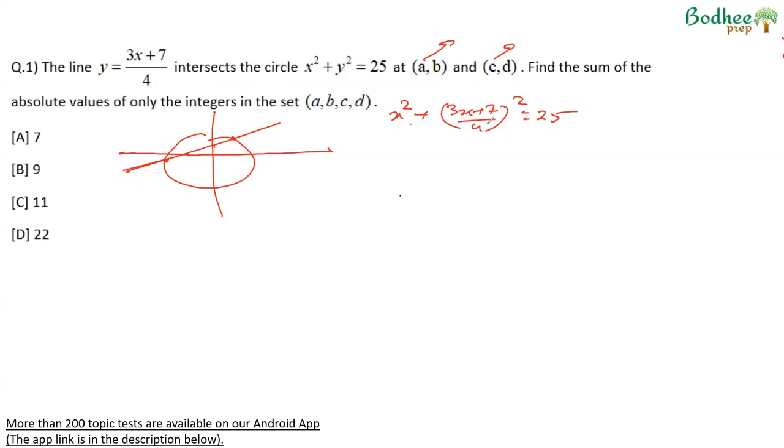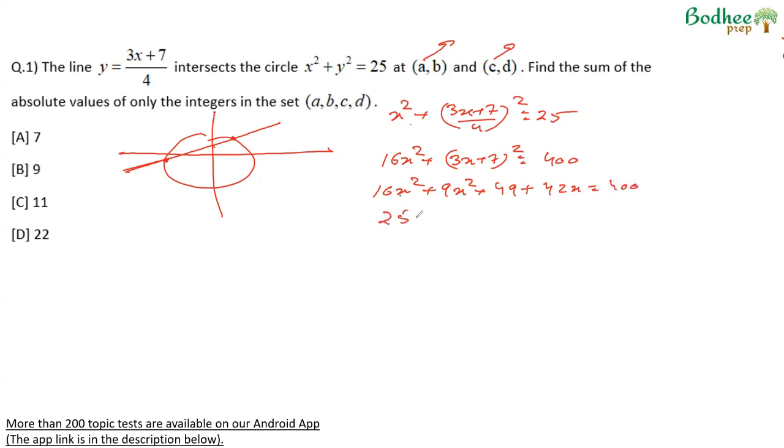So if we solve this, 4 square is 16, multiplying throughout. So 16x square plus (3x plus 7) whole square is equal to 25 into 16, which will be 400. 16x square plus 9x square plus 49 plus 2 into 3 into 7, which is 42x, is equal to 400.